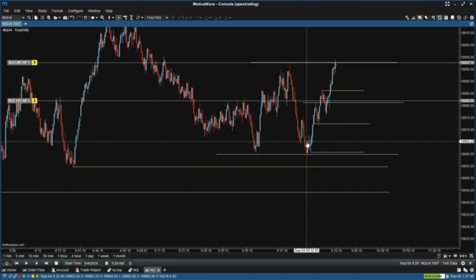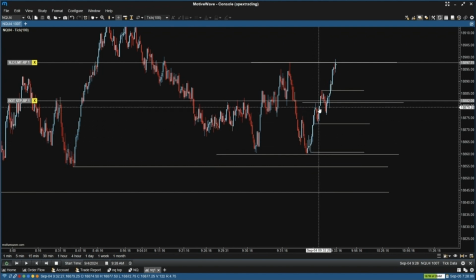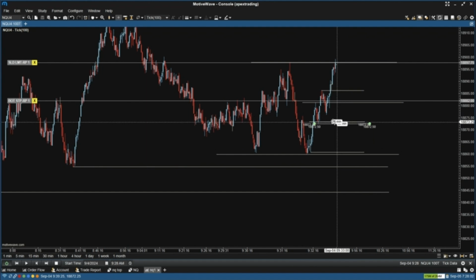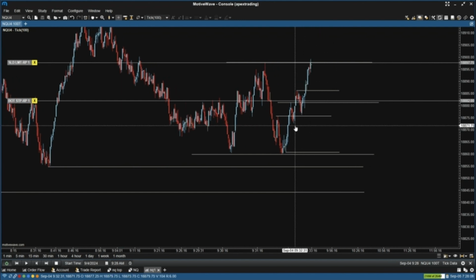It induced short sellers to think we're going down. It made a microstructure lower high, and exploded up, breaking this structure, retraced, right? And making a higher high and a higher low structure, which means bullish, uptrend.